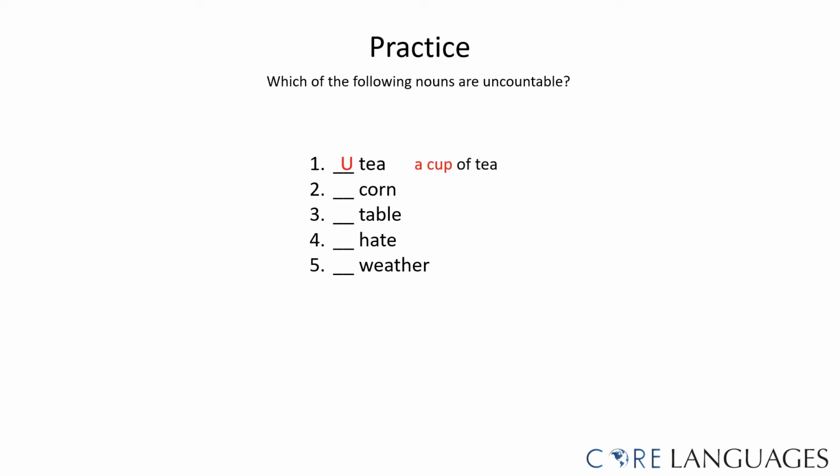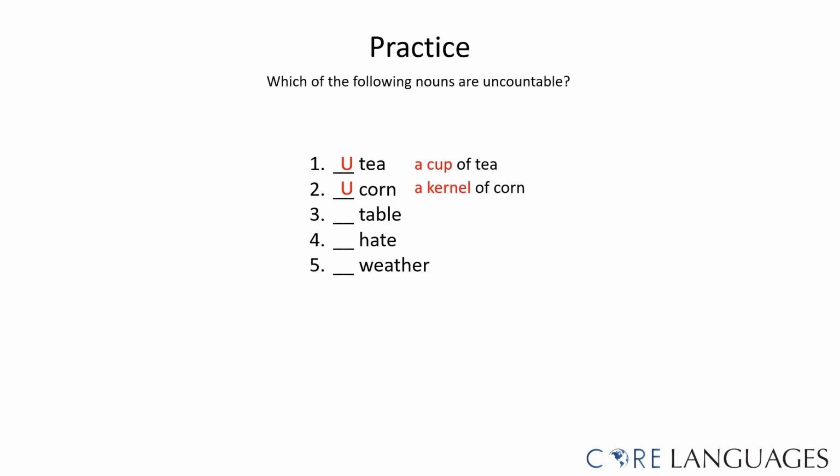You could say, I have a cup of tea or 2 cups of tea. How about number 2, corn? Corn is uncountable. You cannot say, I have 3 corns, but you could say, I have a kernel of corn or 3 kernels of corn.